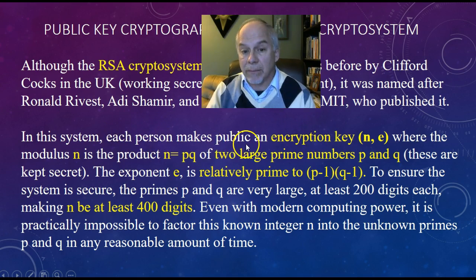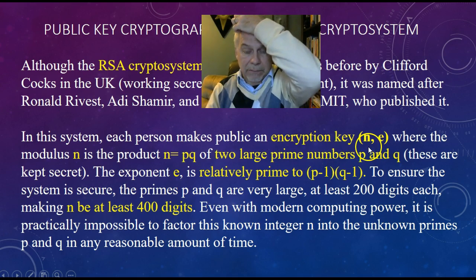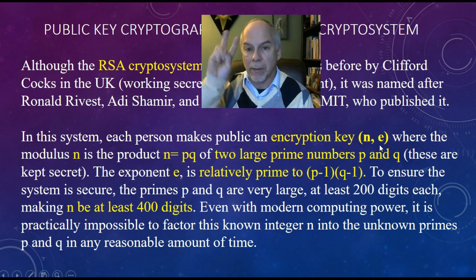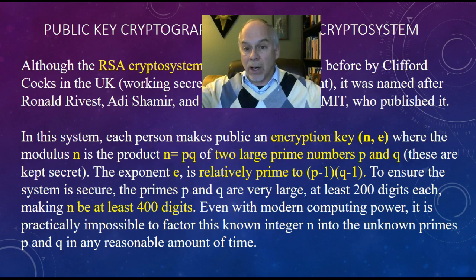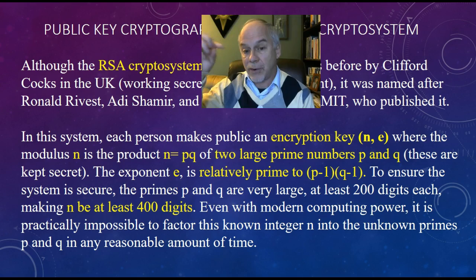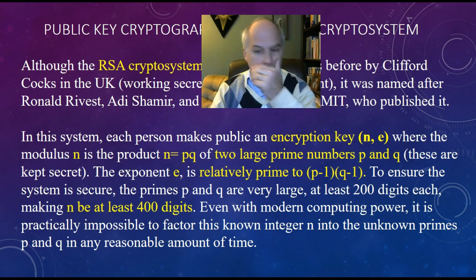every person makes public an encryption key. They give out and publish two numbers: N, which is a very large 400-digit number, and the letter E, which is also a very large number, okay?